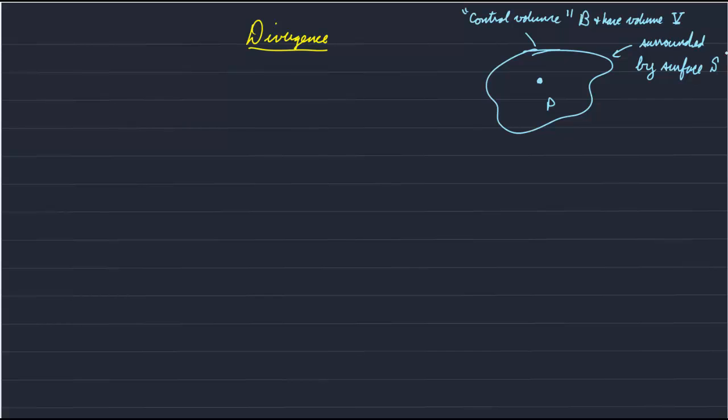And in this 3D space, there is a vector field. I'll depict that vector field by lines of flow. So here the vector field is flowing into the volume, and then at some other point it's flowing out of the volume.